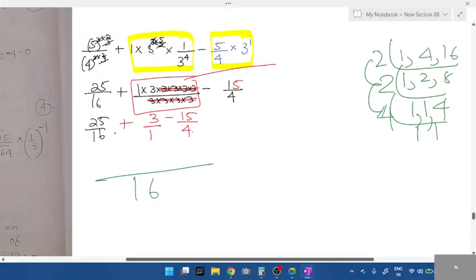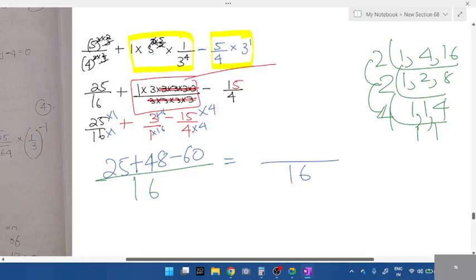That's how you have to think. If you're weak in LCM, look here: 1 into 25, plus how many times? Into 3. 3 tens are 30, 3 sixes are 18, 48. Minus into 4, you get 60. So 16, 15 into 4, it's 60.